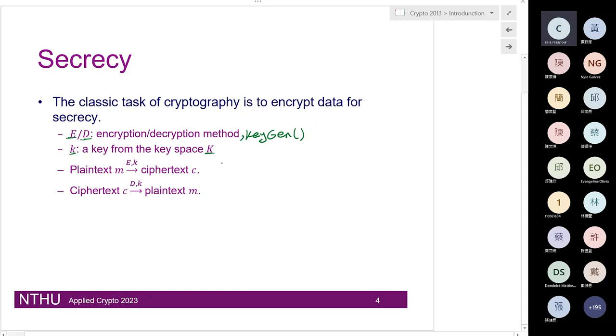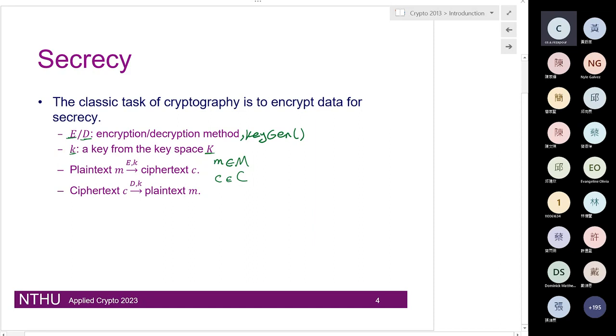We have a message that comes from a space of messages, and the ciphertext comes from the ciphertext space, so capital M and capital C. The encryption algorithm takes a message M and a chosen key k, and transforms the message M into another piece of information that we call ciphertext C. That is the goal of the encryption algorithm. The goal of the decryption algorithm is to take the ciphertext, the transformed message, and the same key, and convert it back to the same message that we sent in the first place.